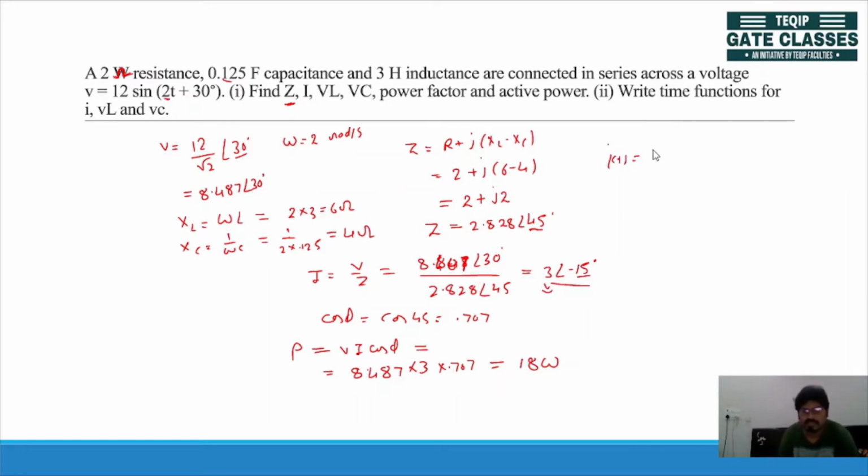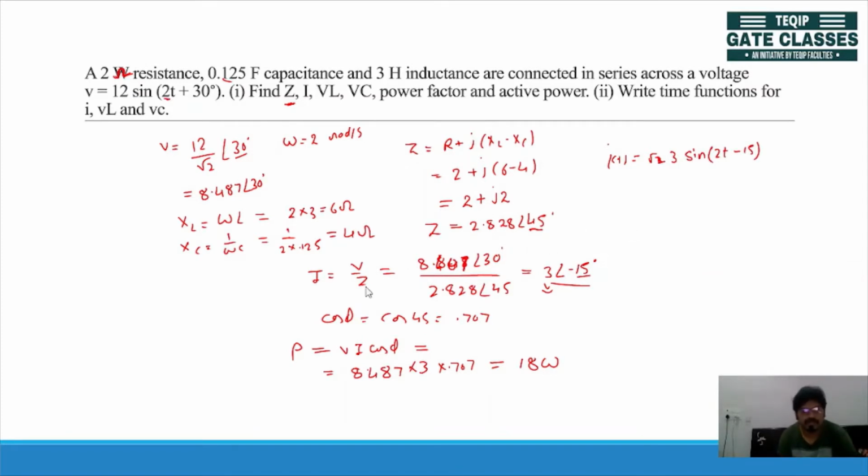In trigonometric form you write the maximum value, so Im is root 2 times your RMS value, root 2 times 3. Root 2 times 3 sine of omega t, and the angle is minus 15. Okay, like that.